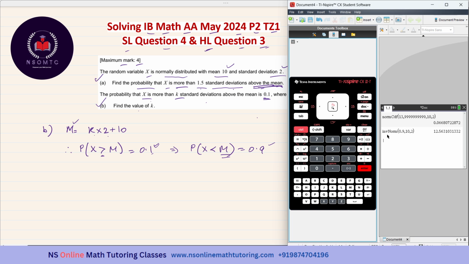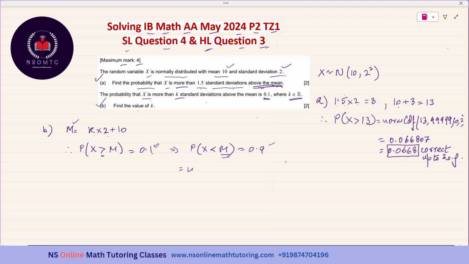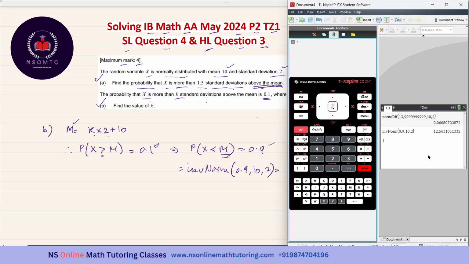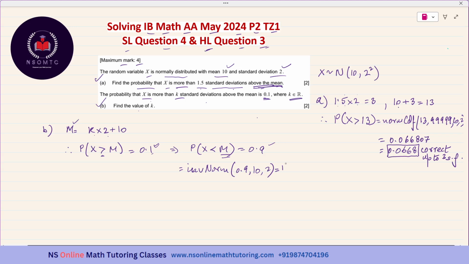Let me first write this: InvNorm, 0.9, then 10, then 2, is equal to 12.563.